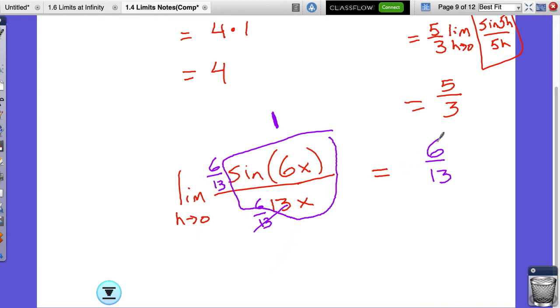And that's why it's 6/13 times the 1. Even if it's like 11x on the bottom, it still just turns into 1. This is not 13x on the bottom, it's 6x, because you multiply by the 6 over 13 to transform that 13 into 6 so that it matched up with this up here.